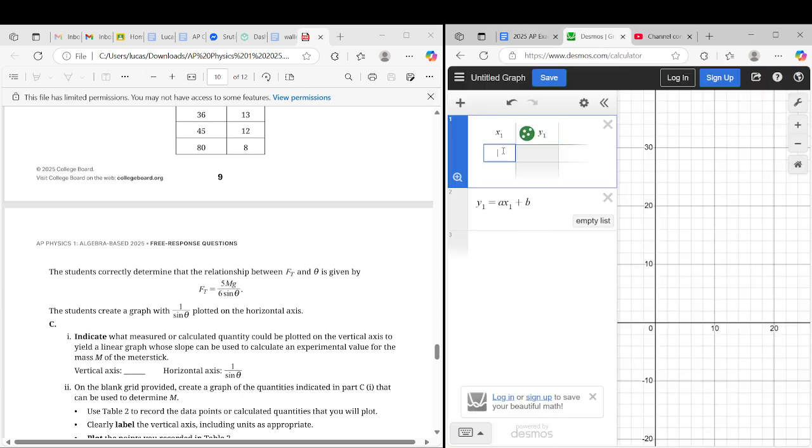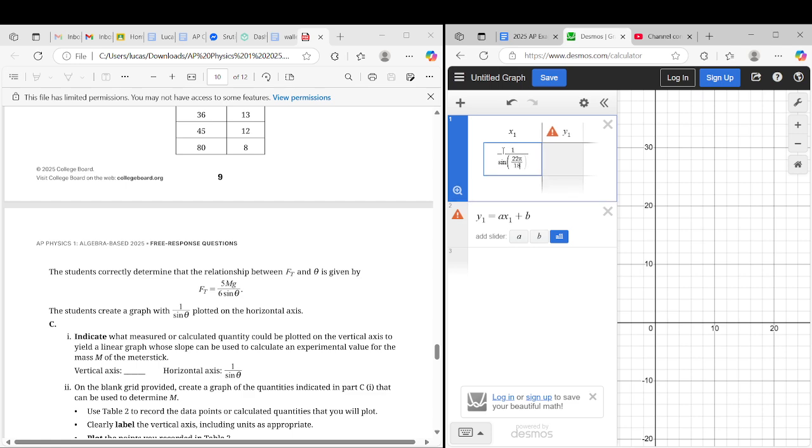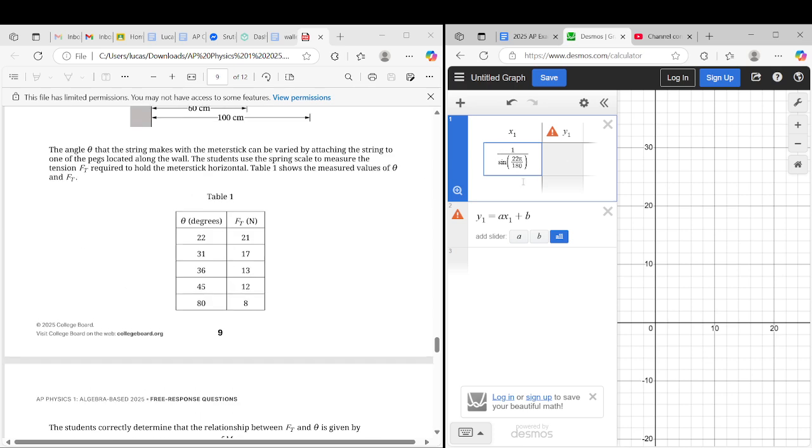So then we can go here and do 1 over sine. And this is in radians, so we have to do 22 pi over 180 for 22 degrees. And we can input the values here of tension. Let's see.